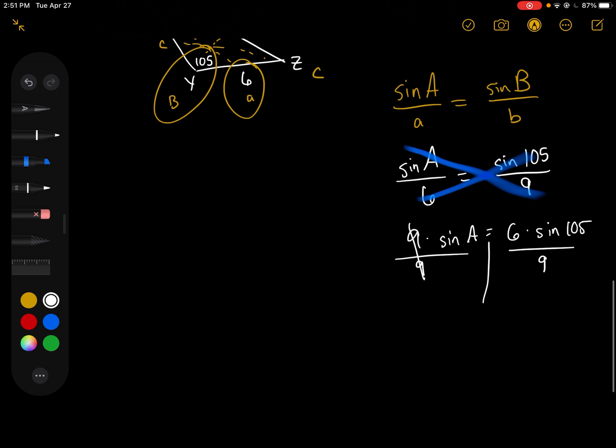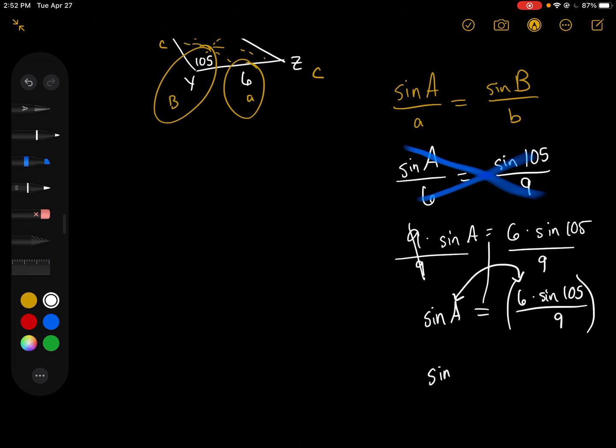We want to get A just by itself here, so we have to take anything that's not an A and move it out of there. So 9 times the sine of A, well, we can just divide by 9 and divide by 9 here. That simplifies, and we're left with the sine of A equals 6 times the sine of 105 degrees, all over 9. In this case, we don't know A, but we do have a value.